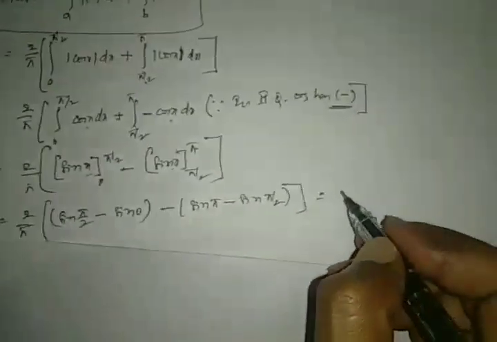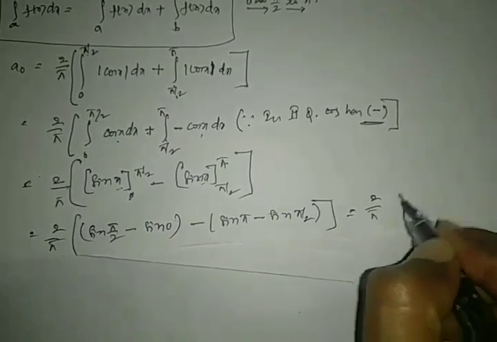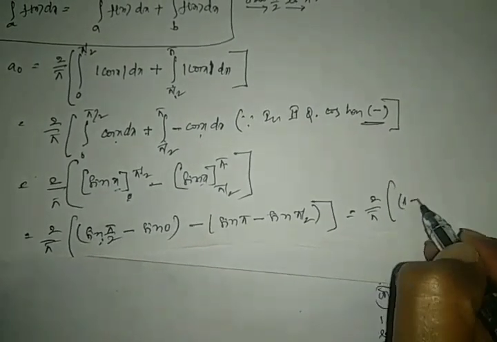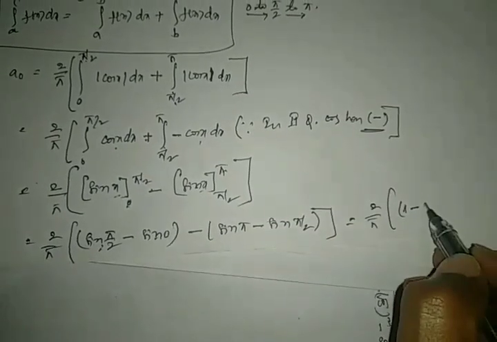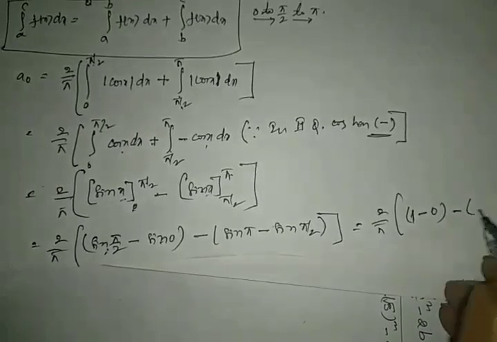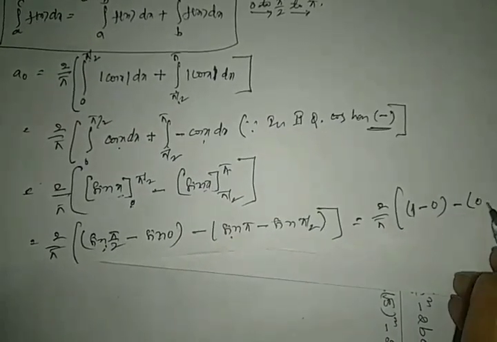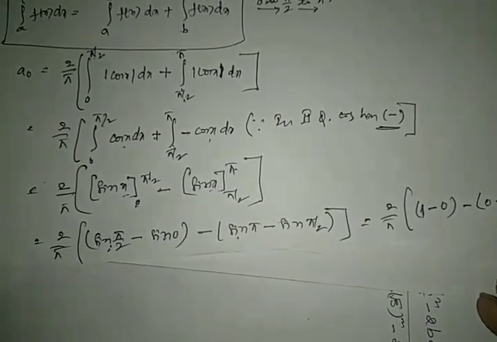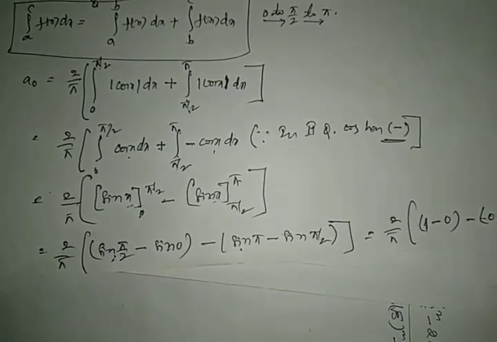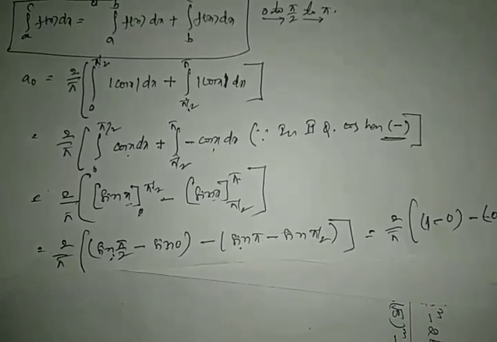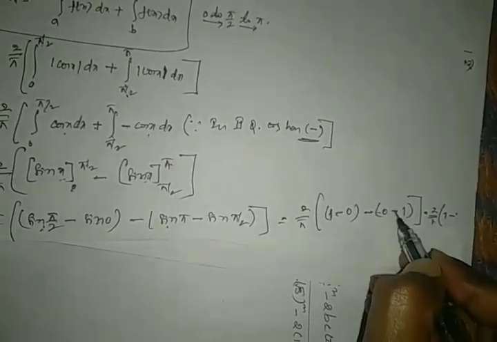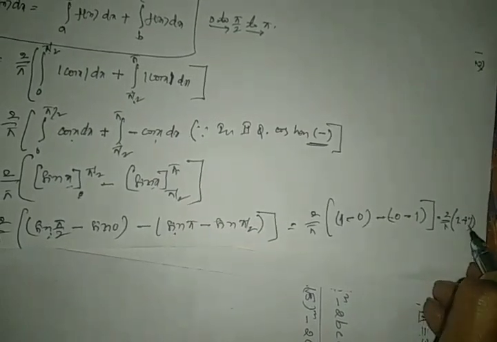That is 2 by pi into, sin pi by 2 is 1, minus sin 0 which is 0, minus, sin pi is 0 minus 1. Minus into minus is plus 1, so it is 2.